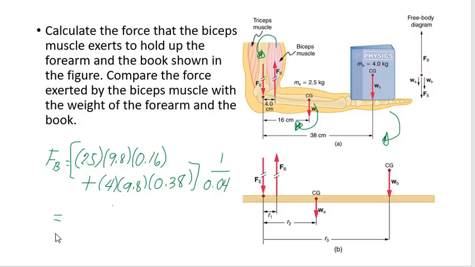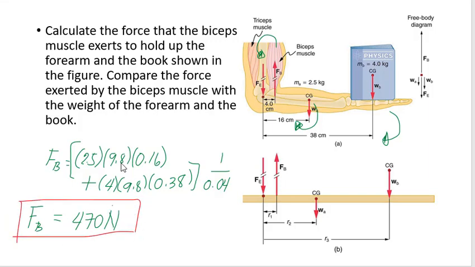Okay, our answer is the force of the biceps is equivalent to 470 newtons. Now, if we are going to compare that to the force exerted by the CG and by the physics book, let's solve. Let's compare it to the force of the load.